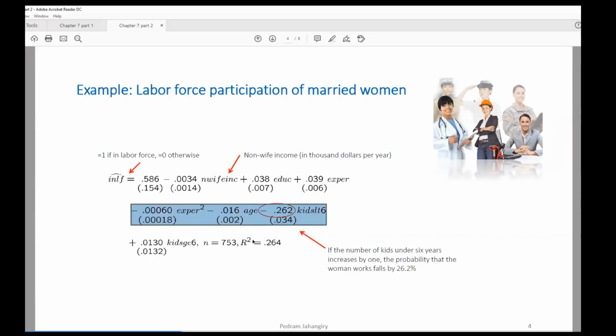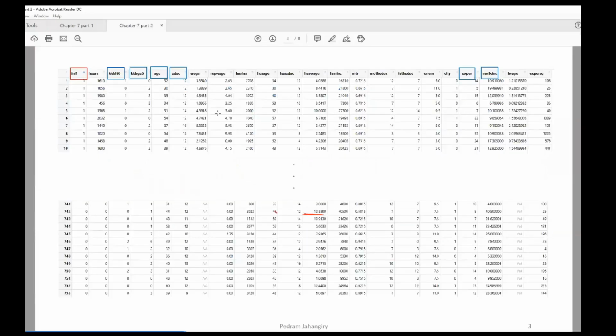Now let's interpret these numbers. So how can I interpret this minus 0.262? We're going to say that for a woman having kids less than 6 years old, let's look at the data. Kids less than 6 is discrete, so it can be 0, 1, 2, 3, right?